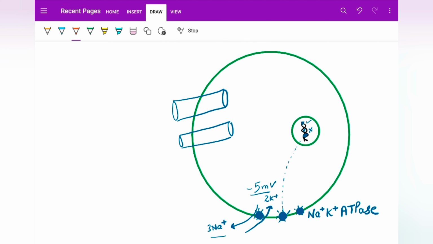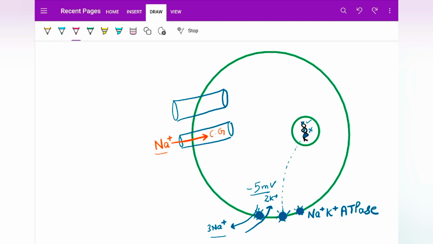So now let's see what happens, as we already know that sodium has a higher concentration outside and less inside. So this sodium would actually love to go inside if the membrane is permeable, and of course the membrane is permeable to sodium. In the beginning, the concentration gradient for sodium is towards inside because sodium is more outside and less inside, and as we all know, substances move from their higher concentration to their lower concentration, so this sodium would love to go in.